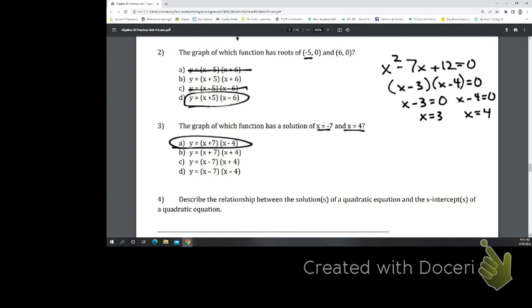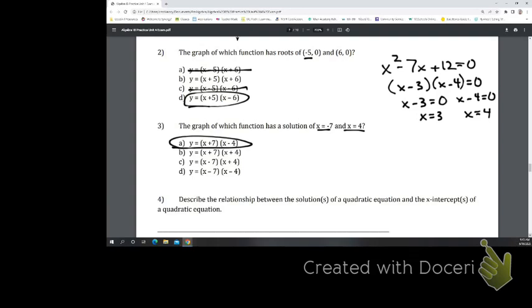If you plug in -7 for both of these, this becomes 0 times -11. That's 0. If you plug in 4, it becomes 11 times 0. It's still 0. You don't plug them in at the same time. You just plug one at a time. But it's basically just change the sign.